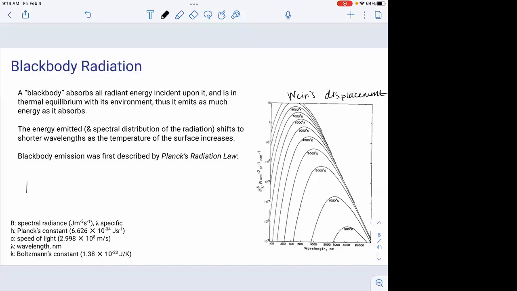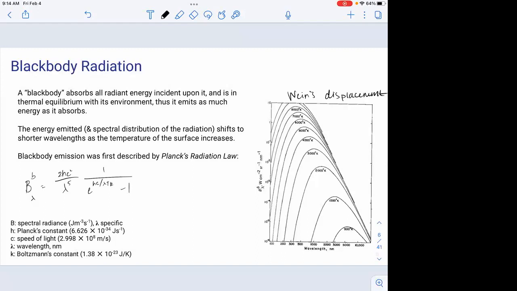So you have the spectral radiance of that blackbody as a function of wavelength, described by 2hc² over the wavelength to the 5th, multiplied by 1 over e to the hc over λkT, where k is Boltzmann's constant, minus 1. All right, so hopefully this rings a bell for you.